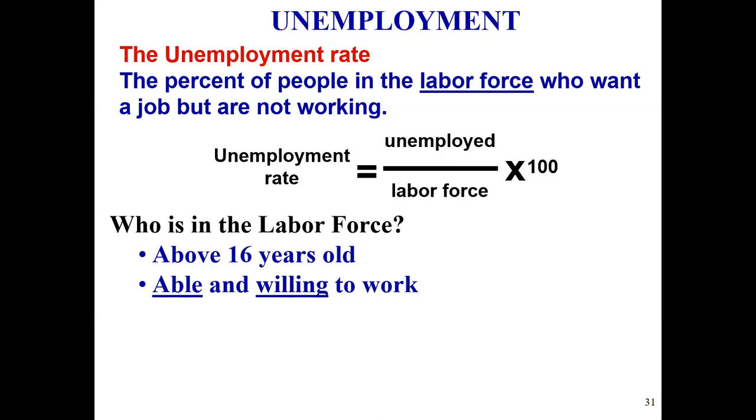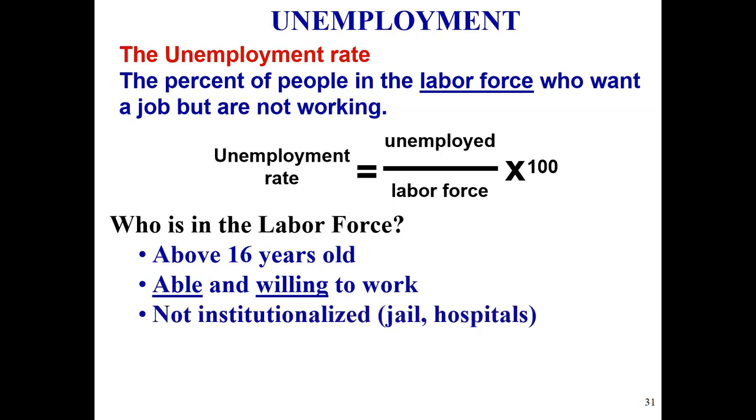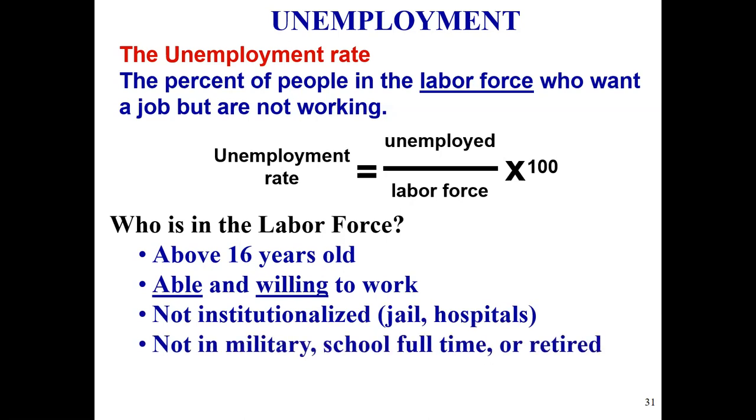Now, unemployment looks better when discouraged workers stop looking for jobs. That's one of the problems of the unemployment rate: discouraged workers lower the unemployment rate and lower the labor participation rate. So it changes the outlook there. If you're in jails and hospitals, or in the military and school, you're not in the labor force either.